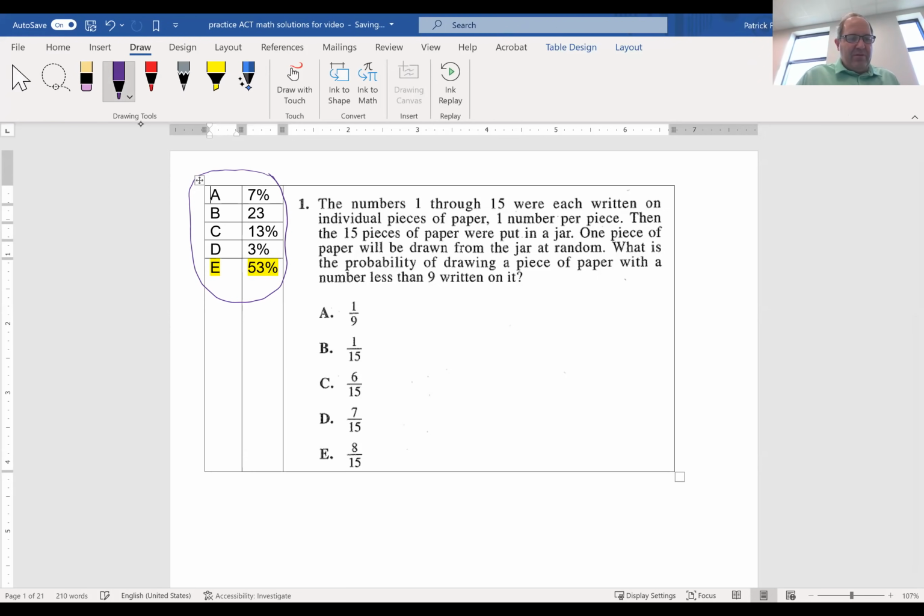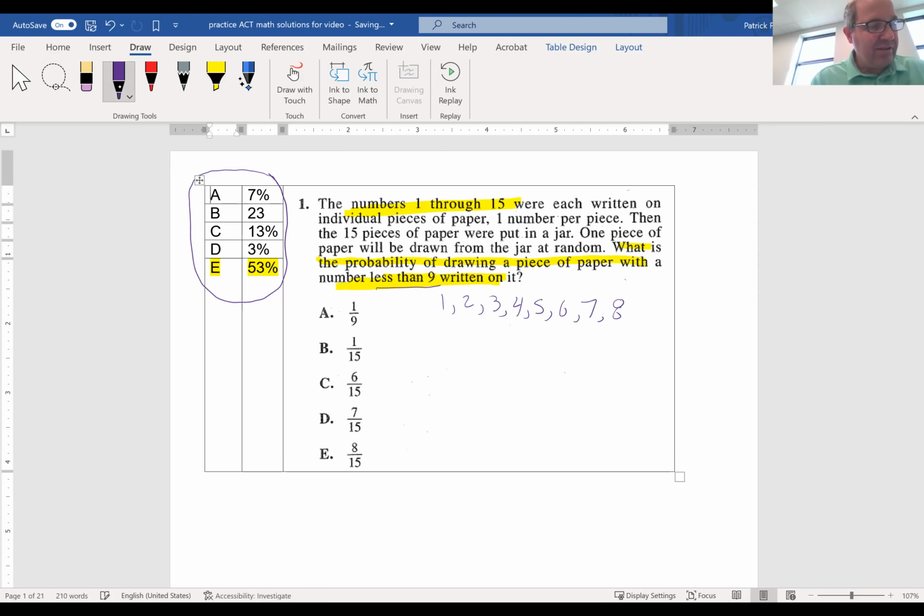So this is a probability question. The question's asking us, what is the probability of drawing a piece of paper with a number less than 9? We're told that the numbers 1 through 15 were used. So the numbers that are less than 9 are 1, 2, 3, 4, 5, 6, 7, 8.